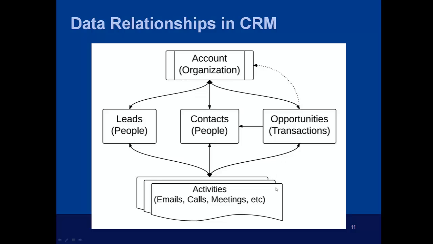Underneath these, you can see that we have our different activities: emails, calls, meetings, stuff like that. When you're having those actual meetings, those meetings can be related to multiple pieces of information. You might be exchanging an email with a lead, and the cool thing about that is that the system is intelligent enough to know that because this activity is related to this lead, it is also by association related to this organization.